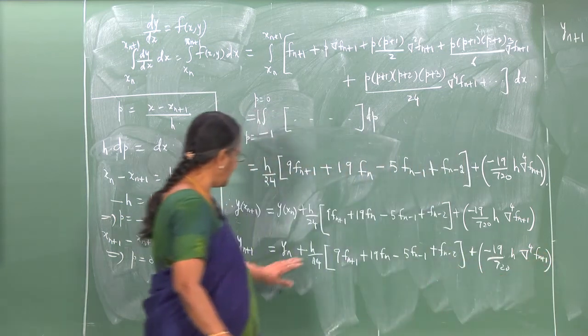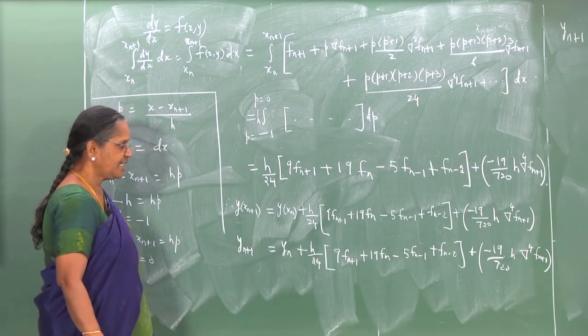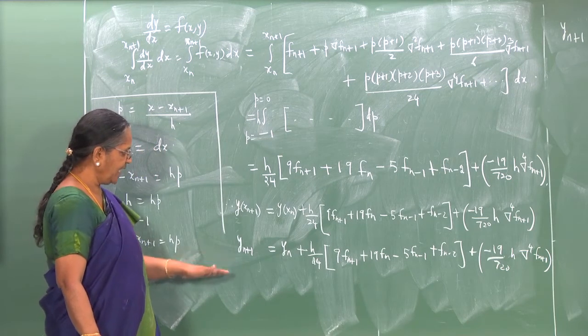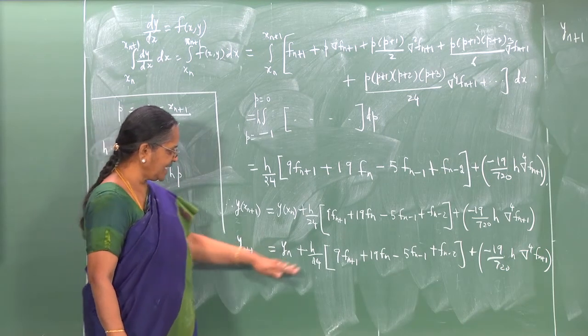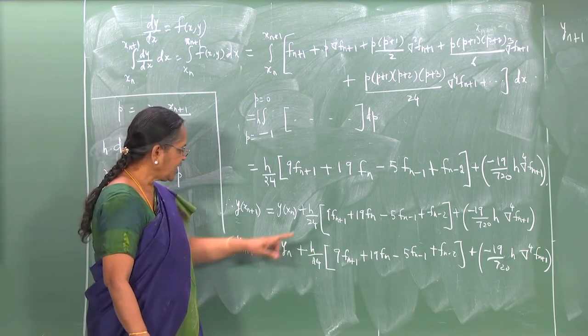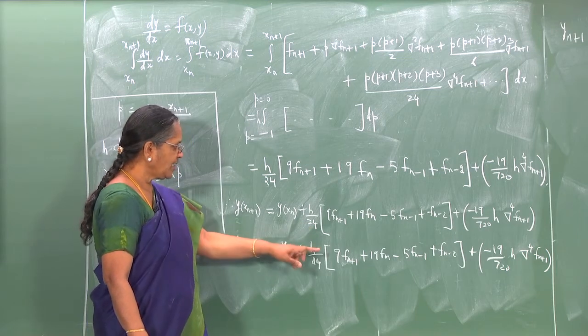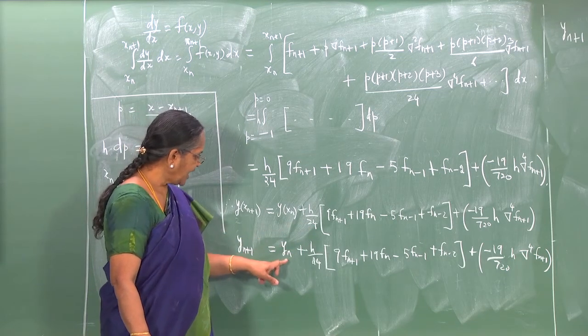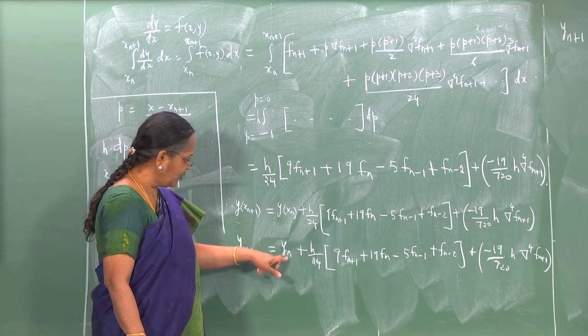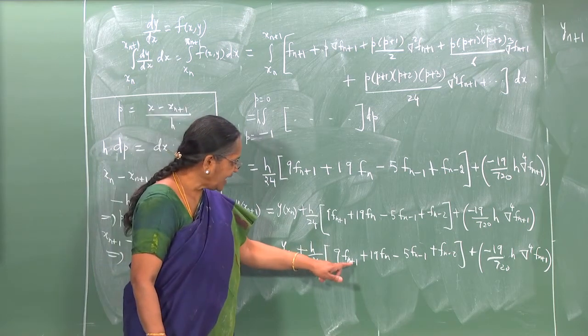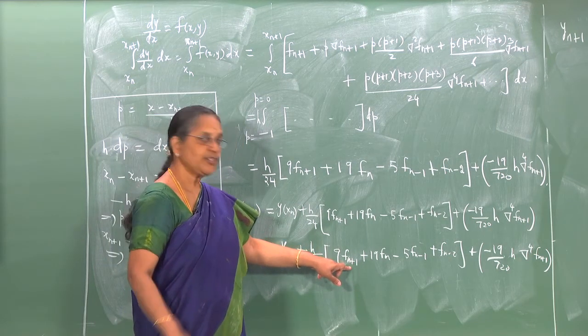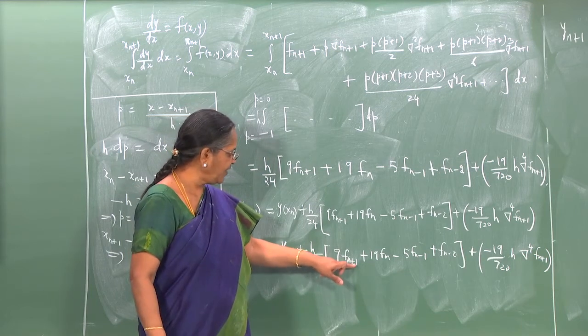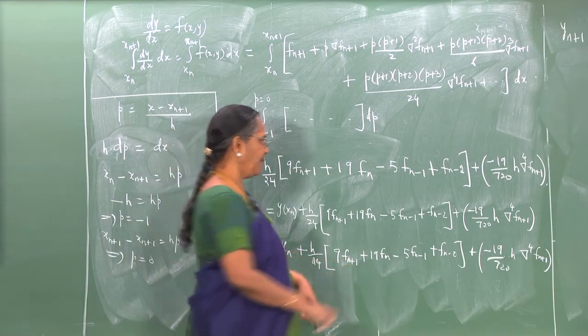So, let us look at this method that we have derived. Again we observe that it is a multi-step method. It requires the knowledge of the solution at xn, which is yn, and at xn plus 1, which will be yn plus 1, only then we can compute what fn plus 1 is.